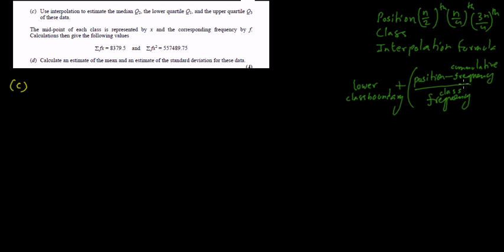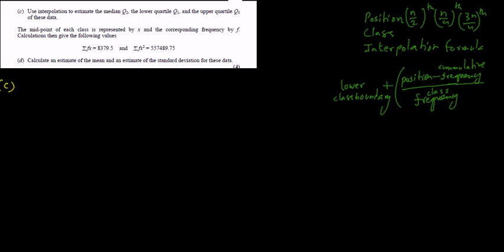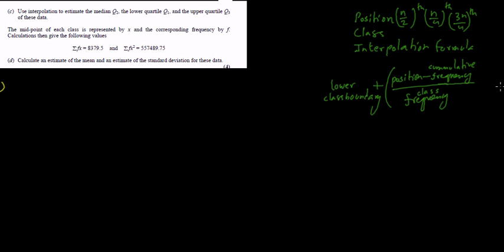Now cumulative frequency means total frequency up to that class, meaning up to the previous class. So remember, cumulative frequency up to the previous class, and with this, just move it here, you multiply the class width. That's it. This is the linear interpolation formula.